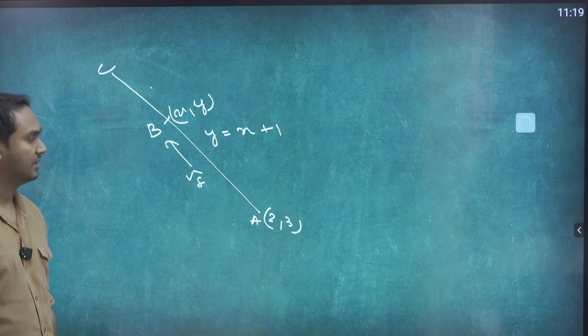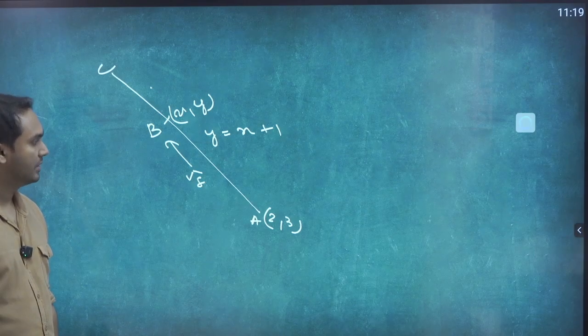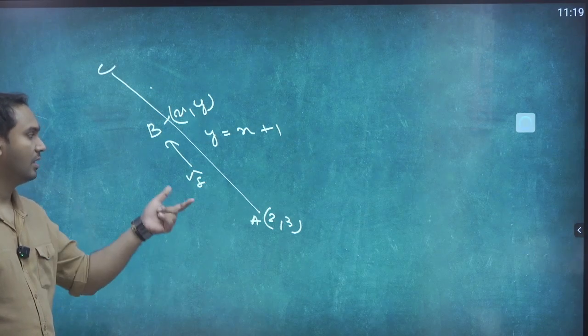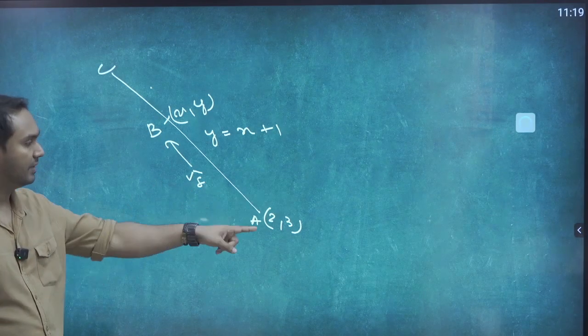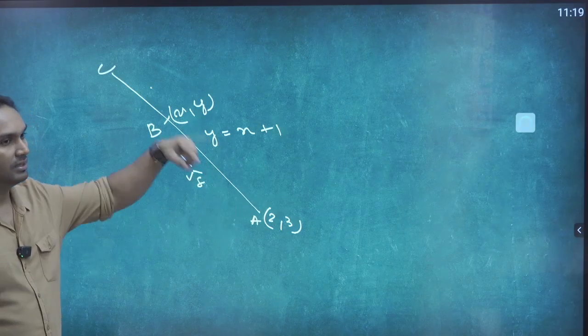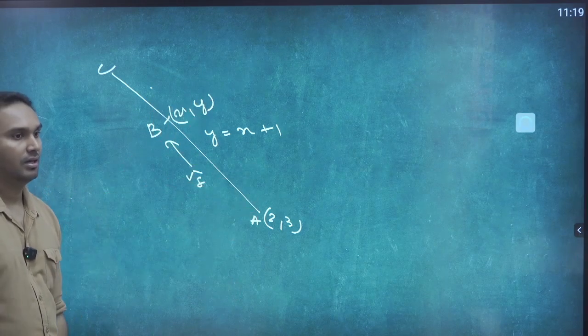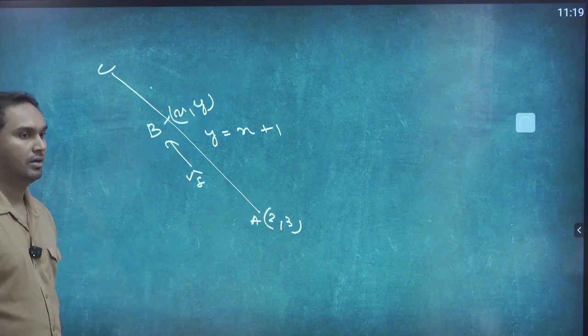Best way is what? You check the values which give the answer root 8 when you take the differences, square them, and take the root.